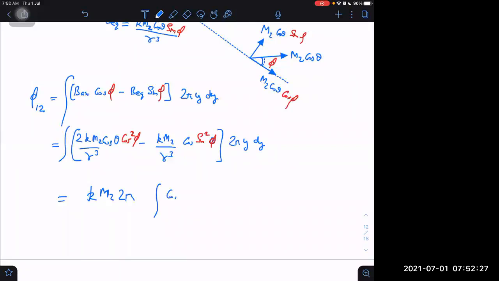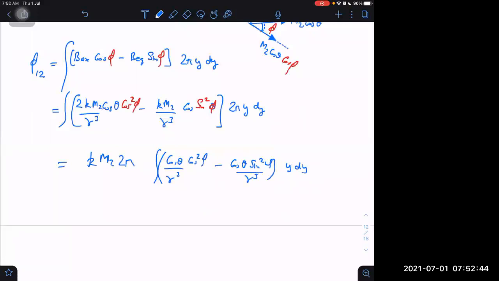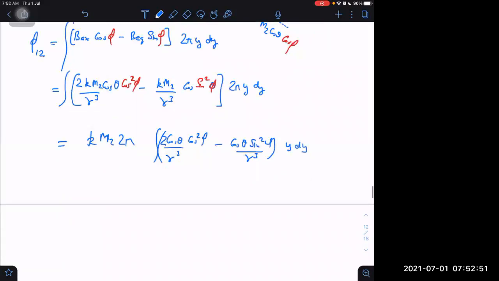We are left with cos theta upon r cube into cos square phi minus cos theta into sin square phi upon r cube, and the first term into 2 will be there, into y dy, right? Where? Cos theta cos square, in this place. Now what is y dy?